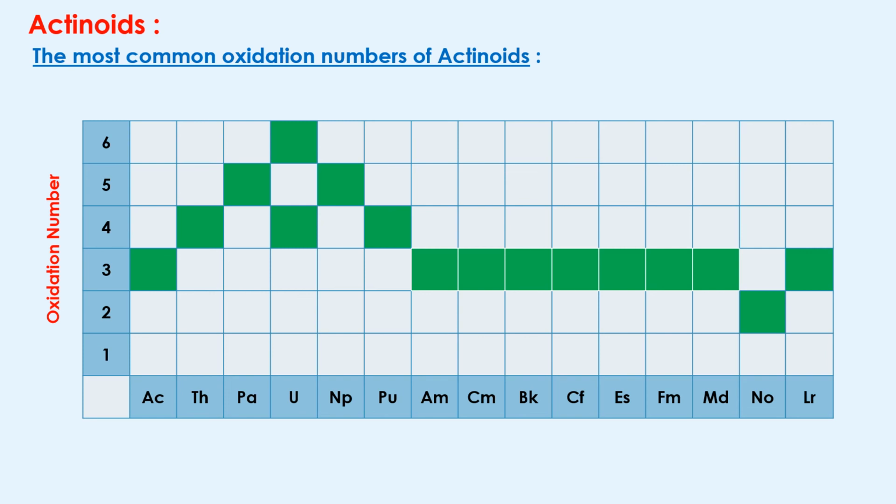Whereas thorium shows the +4 oxidation state, protactinium shows +5, uranium shows +4 and +6, neptunium shows +5, and plutonium once again shows +4. So this is nothing but the common oxidation number of actinoids.